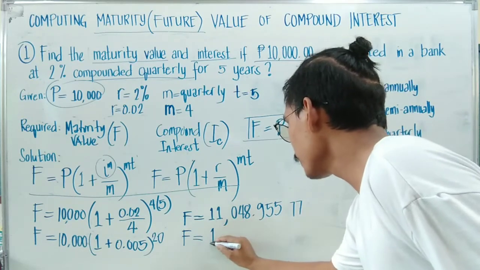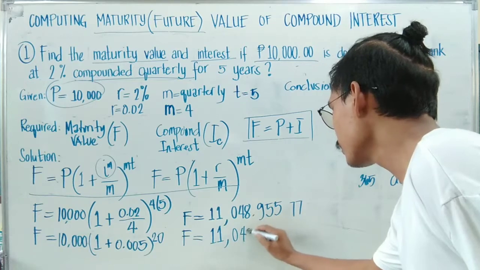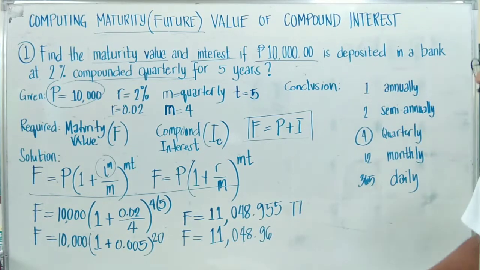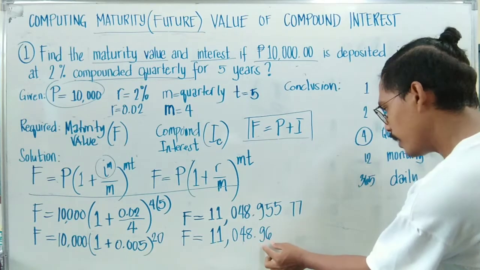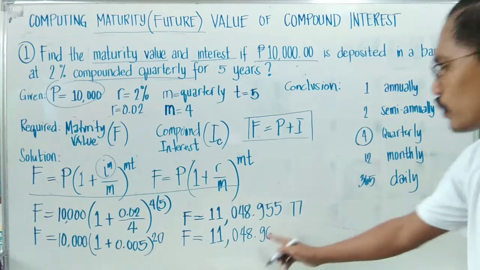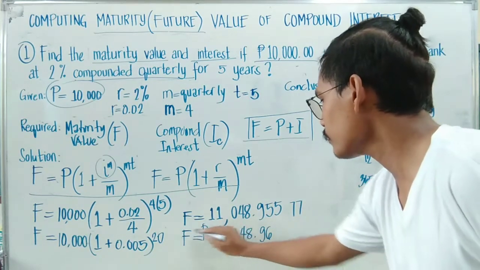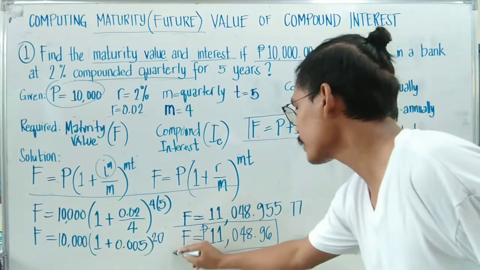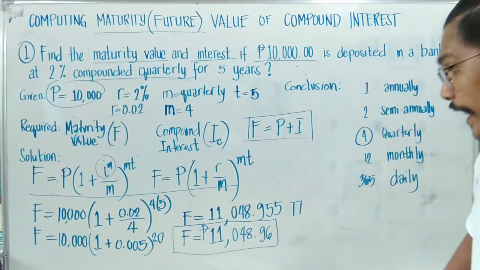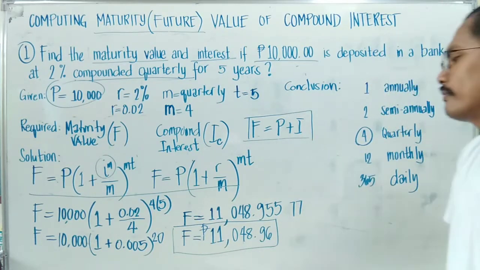So we will be converting it into 2 decimal places, or we will round it off to hundredths. So we have F is equal to 11,048 pesos and 96 centavos.